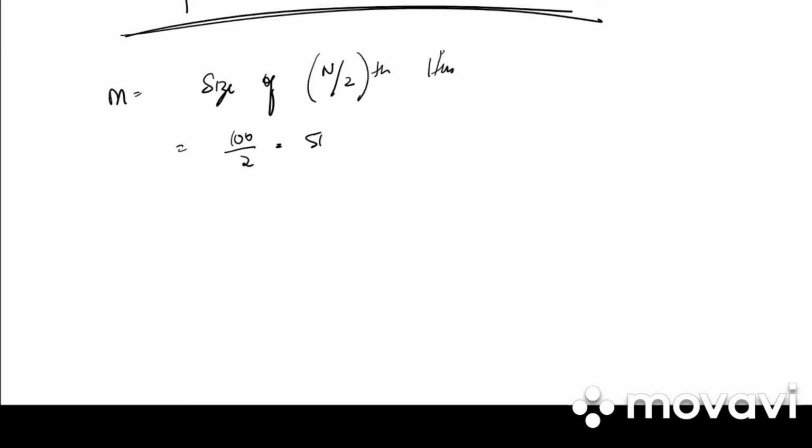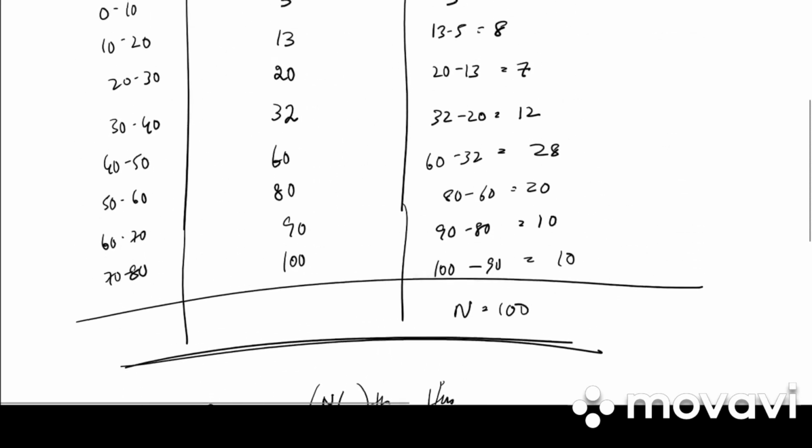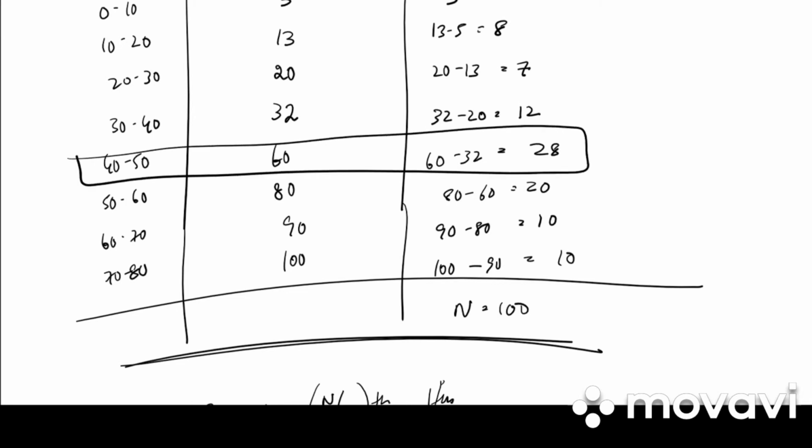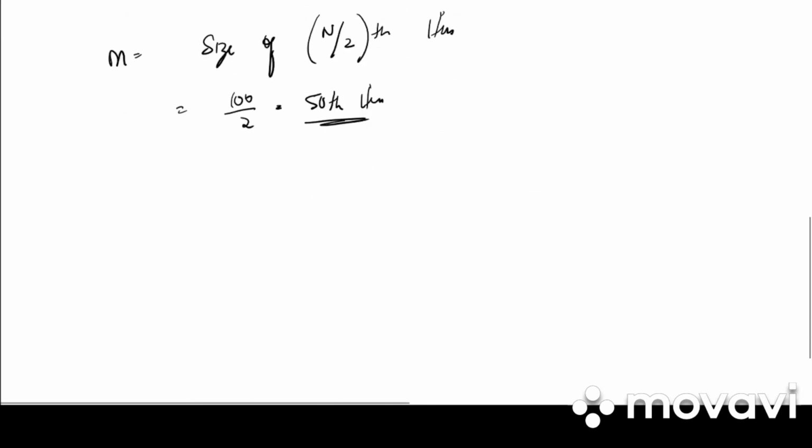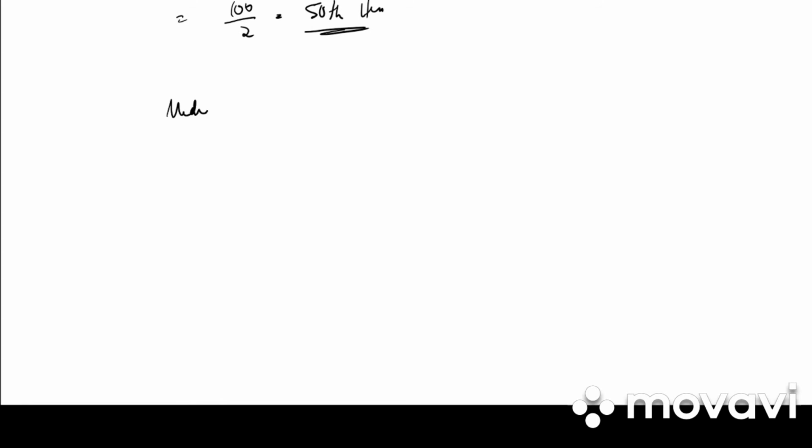So first we need to find out median. M is equal to size of n by 2th item. So 100 by 2, that is 50th item. See the cumulative frequency. Where does 50th item lie? It lies in median class 40 to 50. What is the formula?